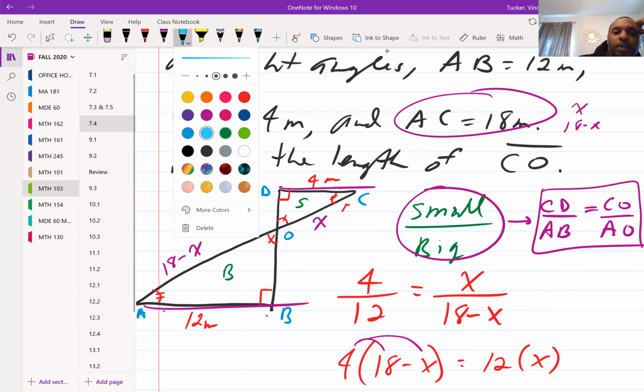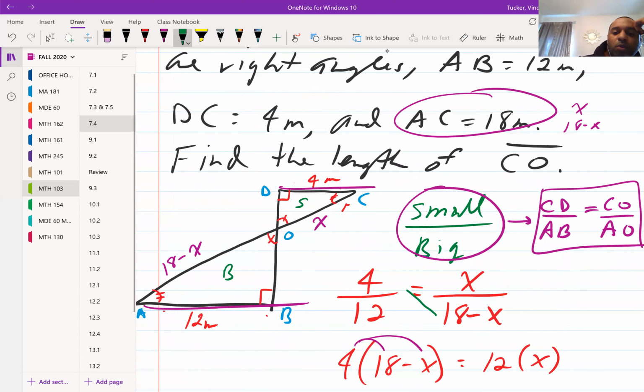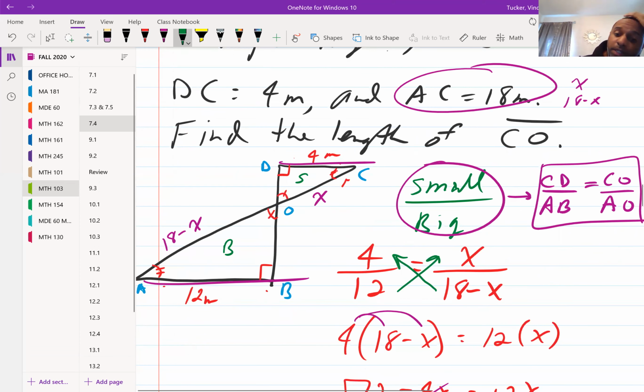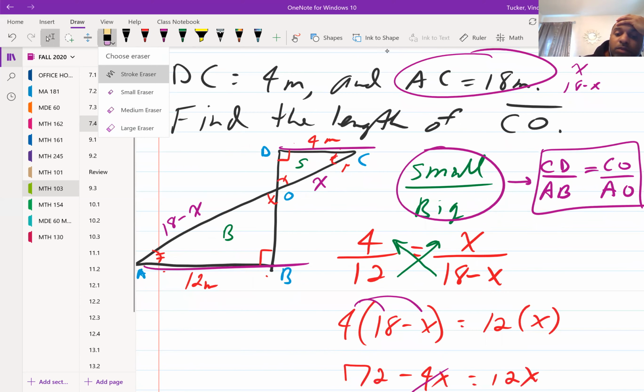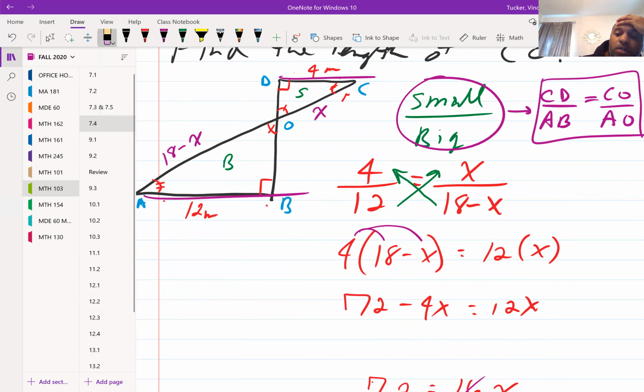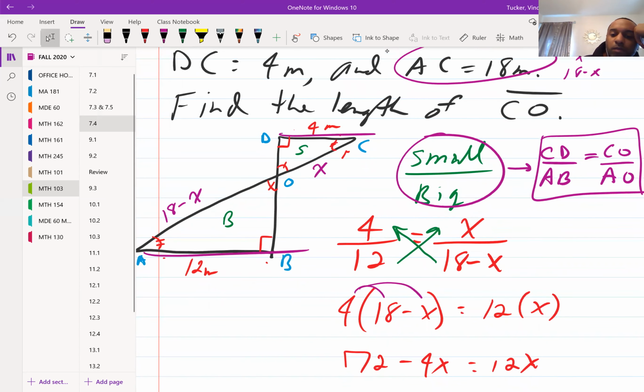So from there, cross multiply. So we have 4 times 18 minus x, and then 12 times x. So once you distribute, 4 times 18 minus 4 times x, which is 4x, equal to 12x.